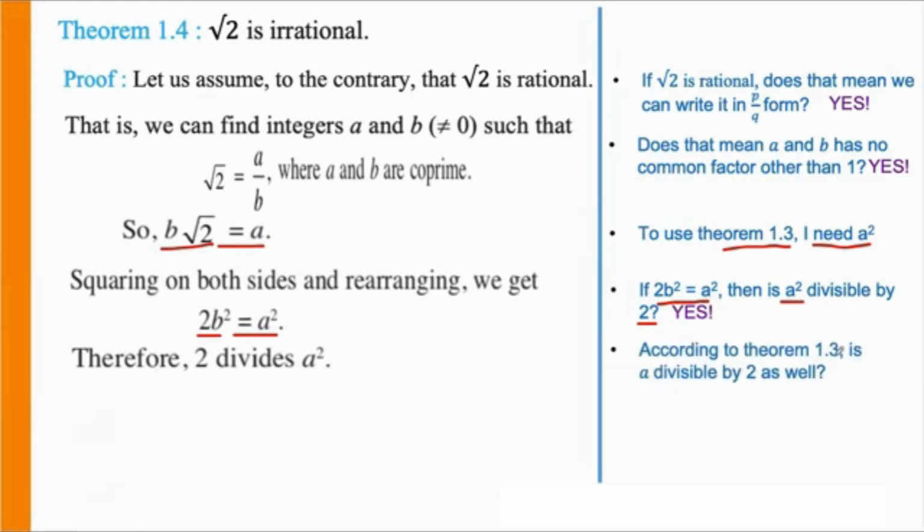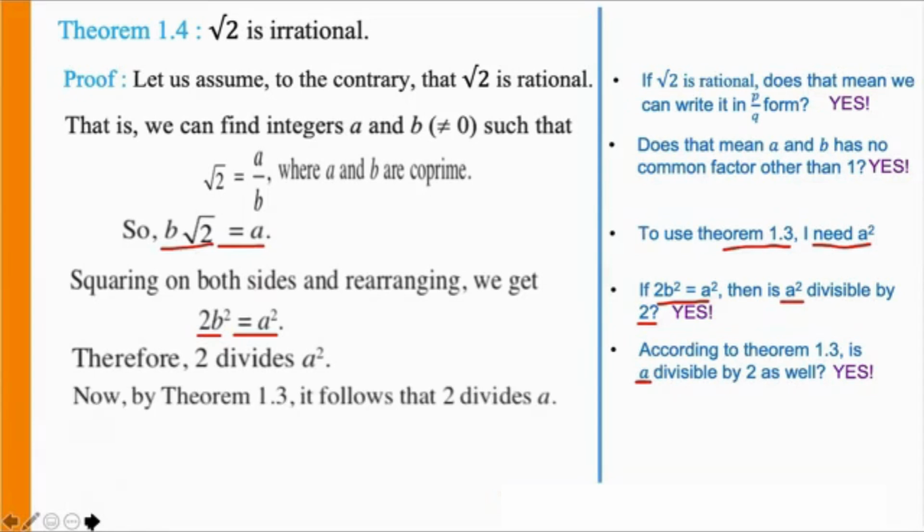Now, according to Theorem 1.3, is a divisible by 2 as well? So if 2 divides a square, will 2 divide a also? Yes. Now, by Theorem 1.3, it follows that 2 divides a as well.